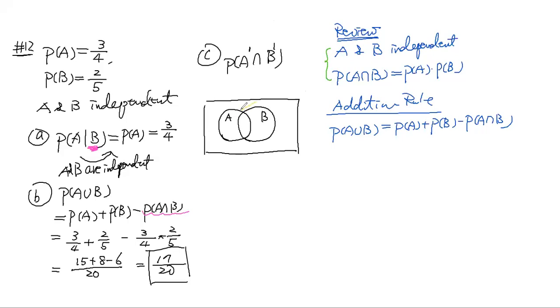A complement, I'm using yellow. That means everything outside A. Then B complement, I'm going to use green. That means everything outside B.